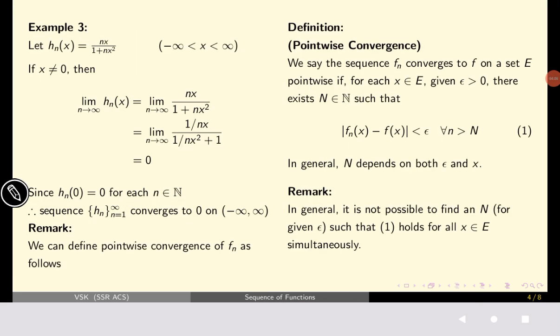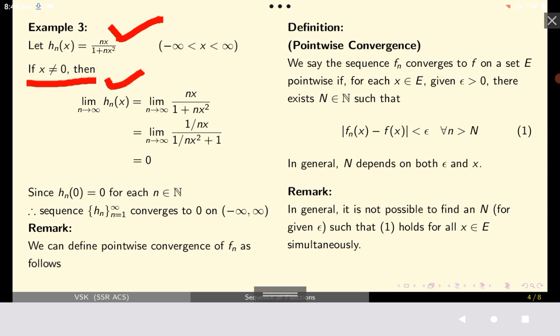Now let us see one more example. Let hn(x) be defined by nx upon 1 plus nx square. Now let us see where it converges. If x is not equal to 0, then taking the limit as n tends to infinity of hn(x), if we divide by nx square, we get 1 upon nx in the numerator and 1 upon nx square plus 1 in the denominator, and when n tends to infinity we get 0.